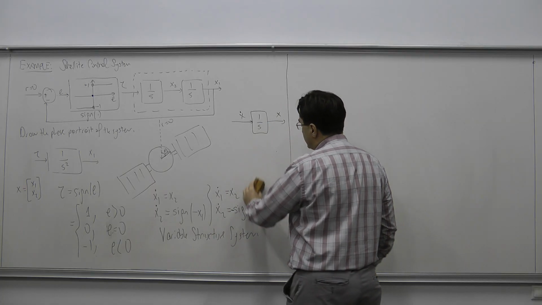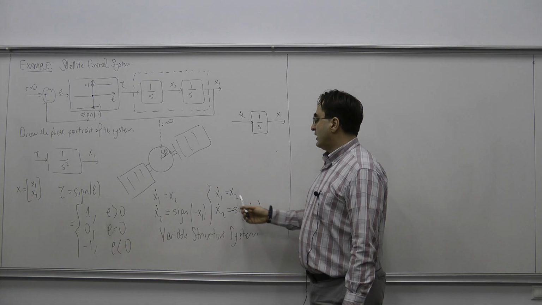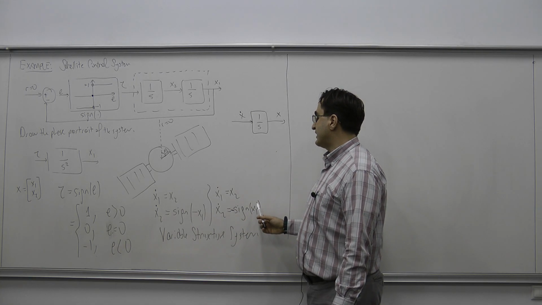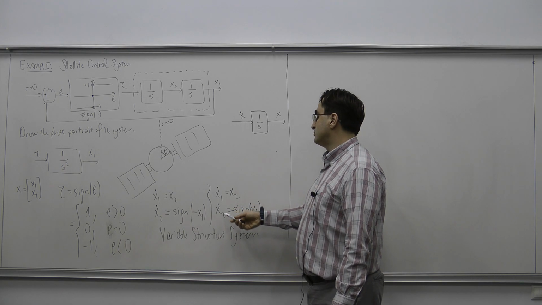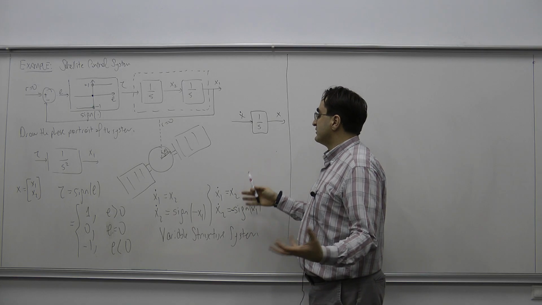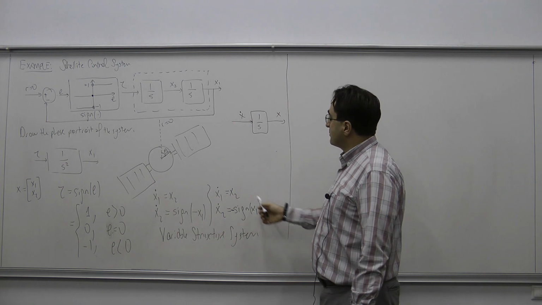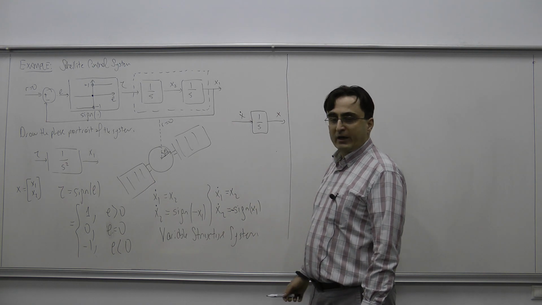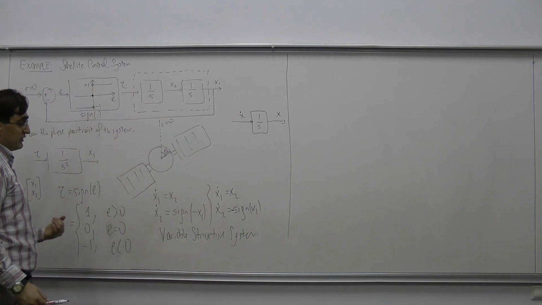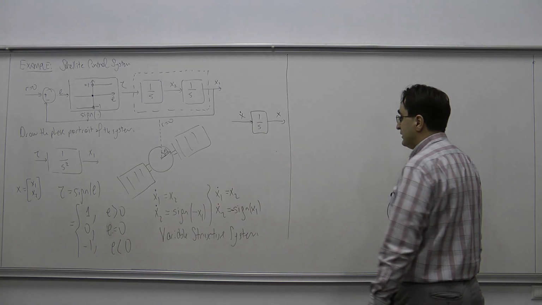But for the system that I have written here, if x1 is positive, I see that x2 dot is minus 1, and if x1 is negative, then x2 dot is equal to plus 1. Okay? So you see that the equations of the system are changing based on the sign of x1. These are called variable structure systems, and there is a separate literature for these types of nonlinear systems.